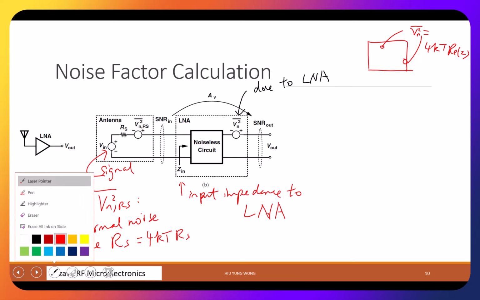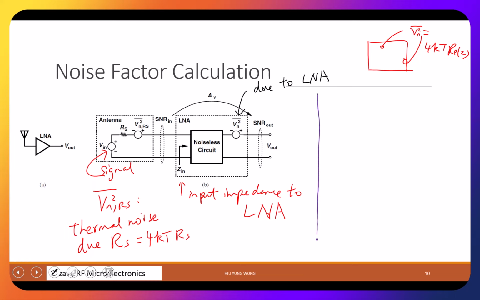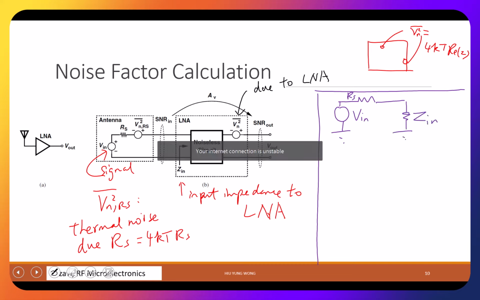Because I don't have enough space, I will start from here. The first thing I want to remind you is that I have this Vin here. It has an output impedance of Rs. Then it goes into the amplifier, Zin. Okay, sorry, I see that my internet connection was not stable.